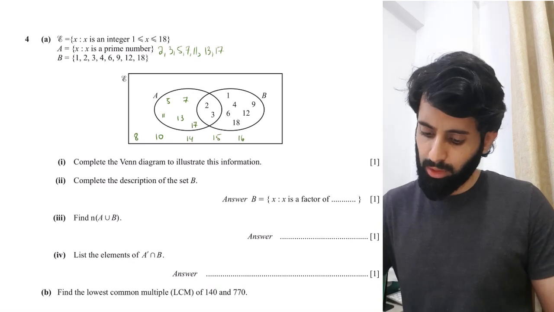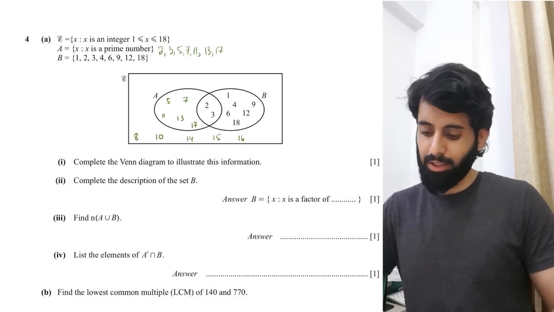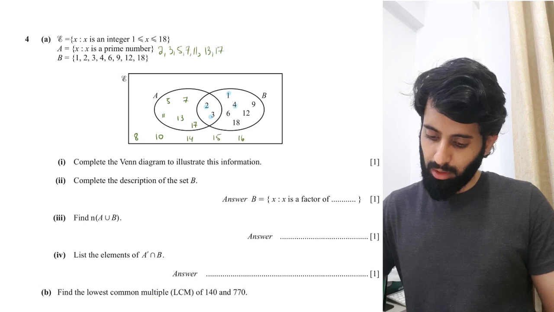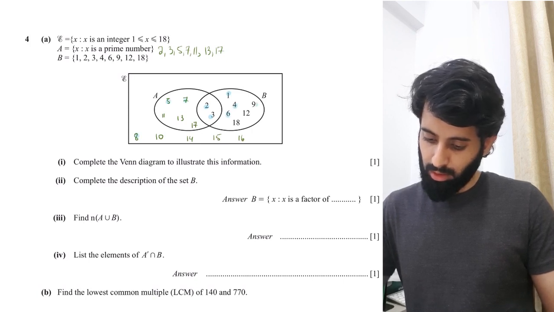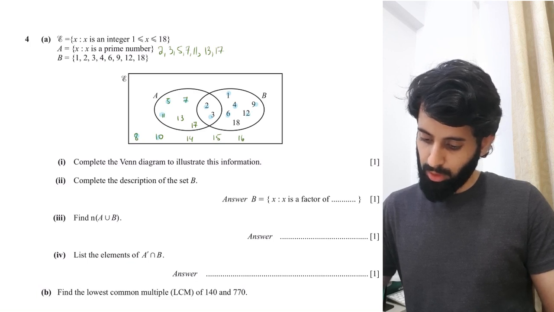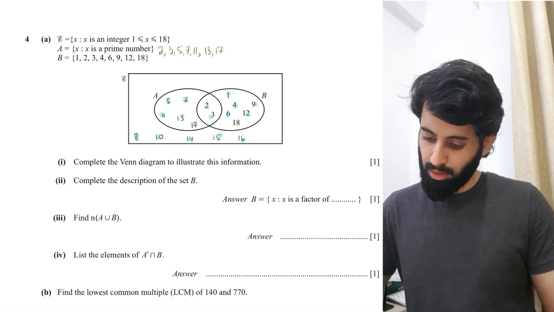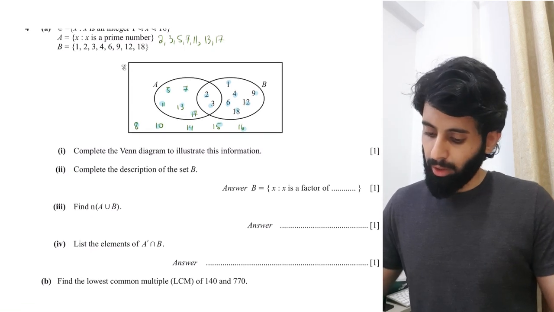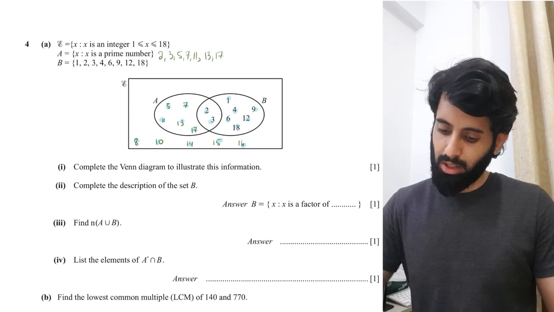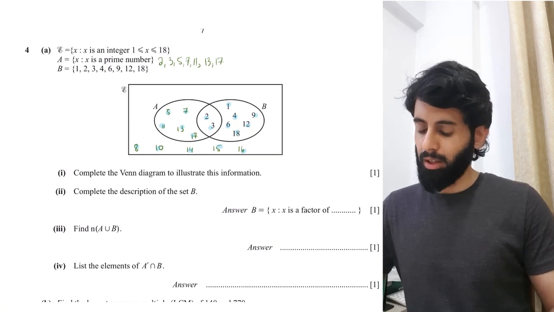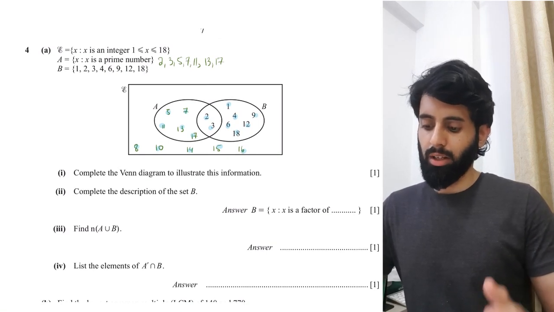Okay, so let's do a double check. I'm going to keep on highlighting as I count. 1, 2, 3, 4, 5, 6, 7, 8, 9, 10, 11, 12, 13, 14, 15, 16, 17, 18. Yep, so far so good. Then it says complete the description of the set B. So set B is 1, 2, 3, 4, 6, 9, 12, and 18.